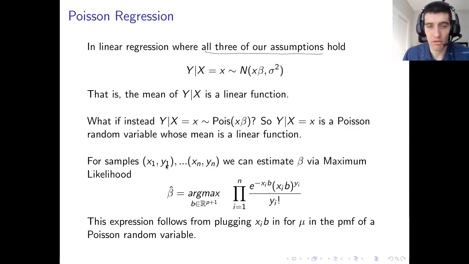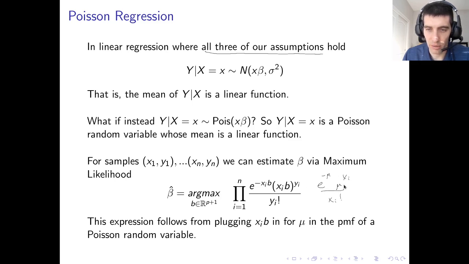And so if we have n samples, we can again estimate beta via maximum likelihood estimation. So we would maximize this joint distribution in b. Here I've written y is my Poisson random variable, xb is my mean. If you were tracking what we had before in the Poisson mass function, we had e to the negative mu, mu to the xi over xi factorial.